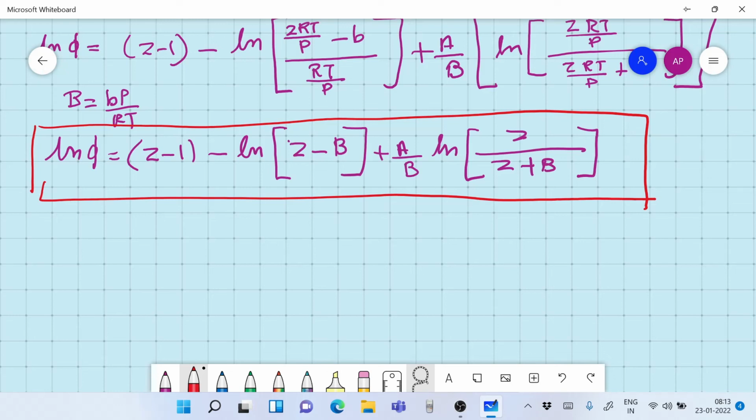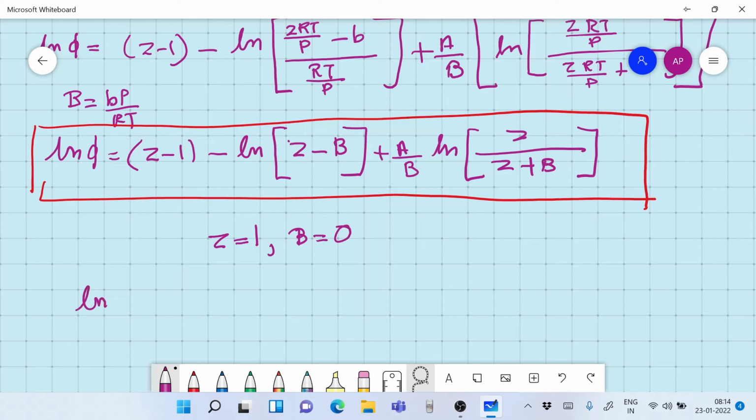Now remember, whenever we do any derivation, we should test it for the conditions. So if the gas is an ideal gas, then for an ideal gas we have z equal to 1, and for an ideal gas, needless to say, B is equal to 0. Now what do we get for ln phi in this case?